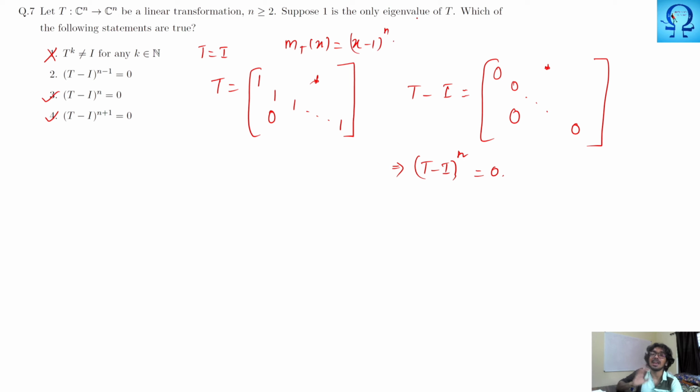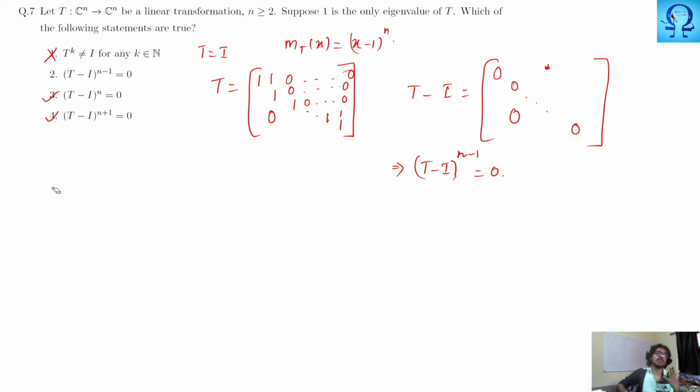We will have an n by n block for 1. So in this case, we will have 1 here, 1 here also. Right? So in this case, till n minus 1, this is not equal to 0. Only at the nth stage will we have it to be 0.